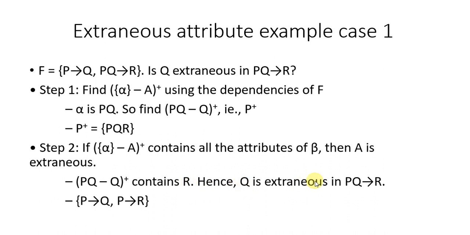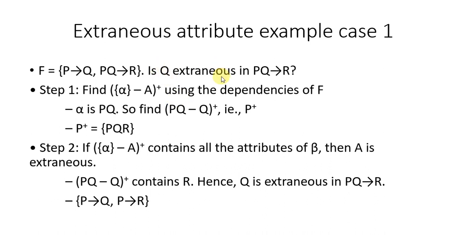Here we are considering PQ to R and checking whether Q is extraneous or not in this dependency. What we did was we took the left hand side and removed this Q, the suspected attribute, from there, and found the closure of that set.